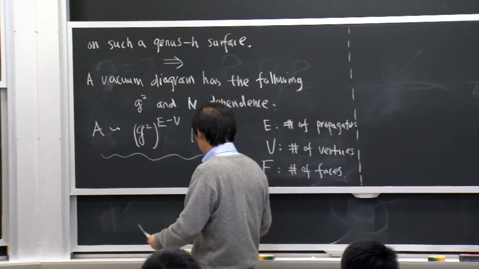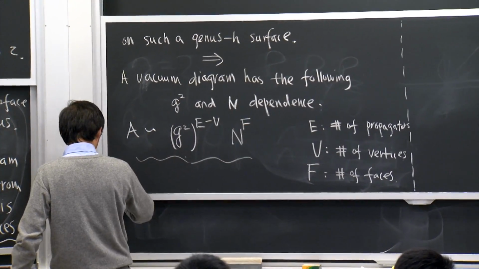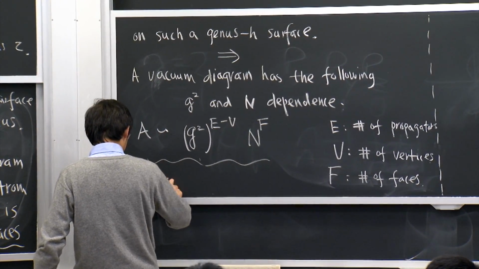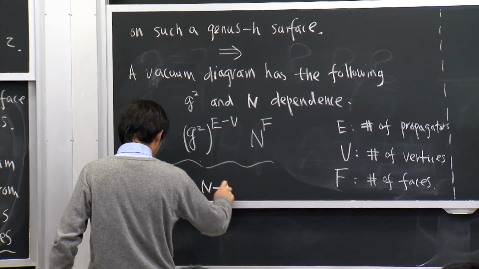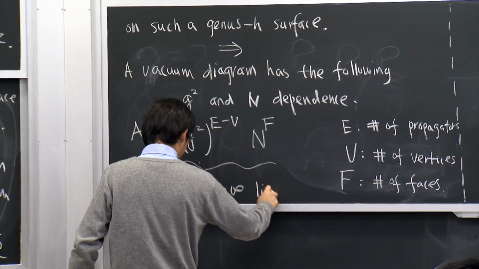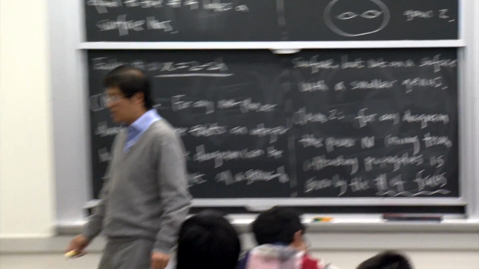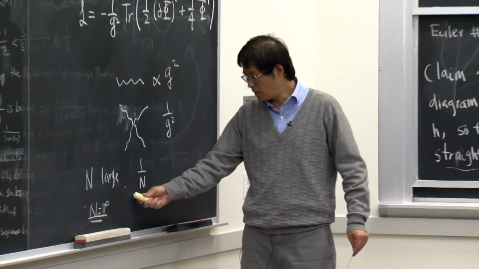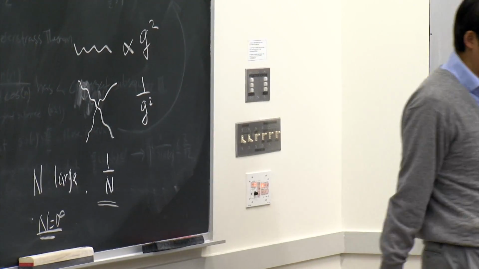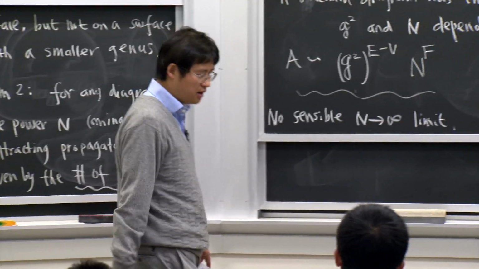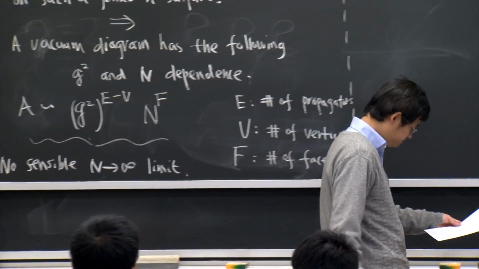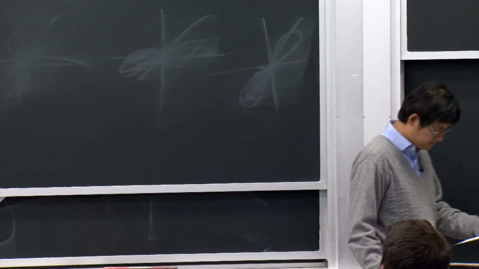So this expression has no sensible n going to infinity limit. If you don't have a sensible n going to infinity limit, then you cannot talk about doing a 1 over n expansion, and you cannot even define the limit. It's just done, just finished. Okay?